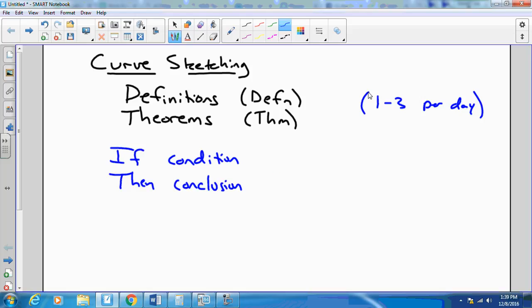So you have to know these word for word.